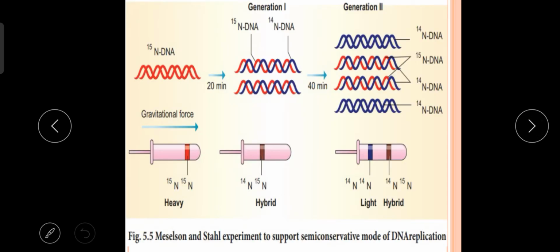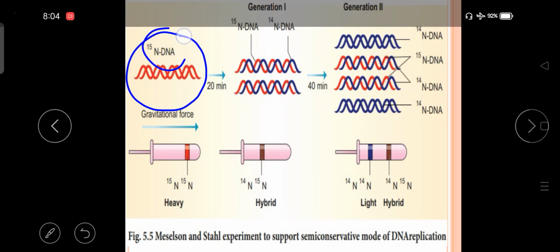So this is the diagrammatic representation of the Meselson and Stahl experiment. Here, say this is the parent DNA. So simply this is the E. coli DNA. This E. coli DNA grew on the medium containing 15N isotope.